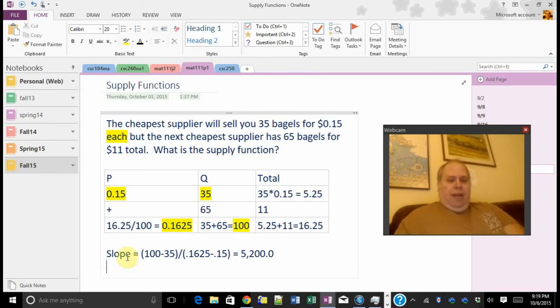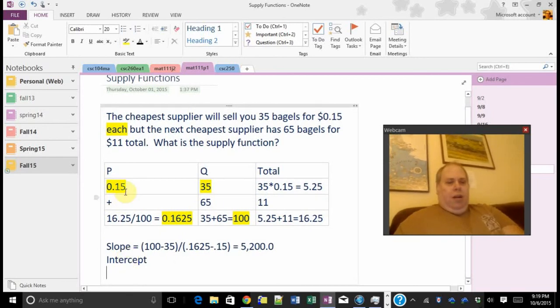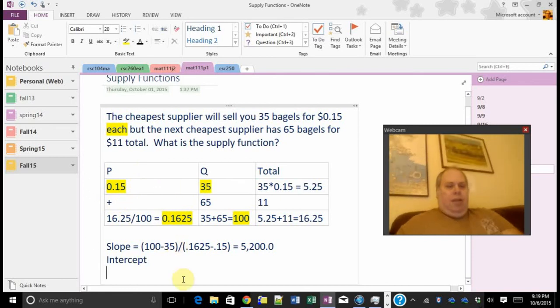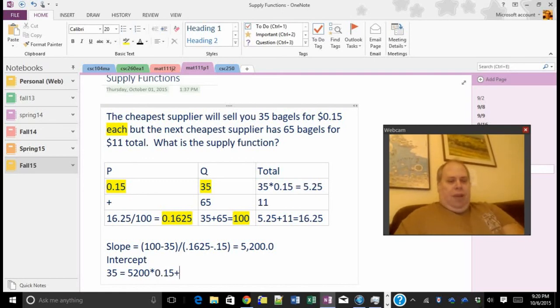So now I have to figure out the intercept. And the intercept math goes like this. Okay, I'll use the first price and quantity. So I'll say 35 equals 5,200 times the first price, 0.15 plus intercept.